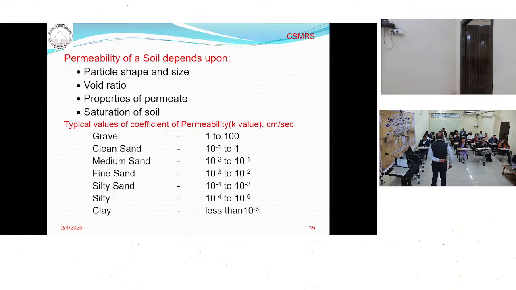So the permeability of the soil depends on shape and size of particles, void ratio, properties of the permeant, and the saturation of the soil. I am saying that it will depend upon the saturation of the soil. Dry soil or wet soil?